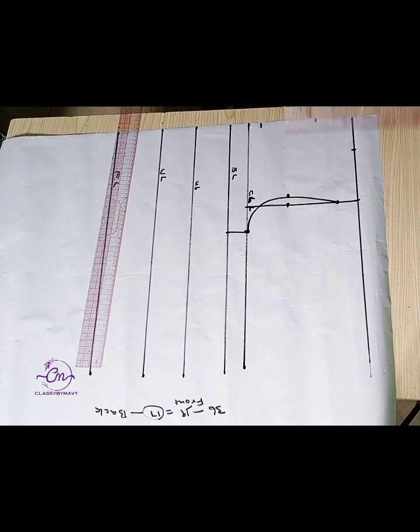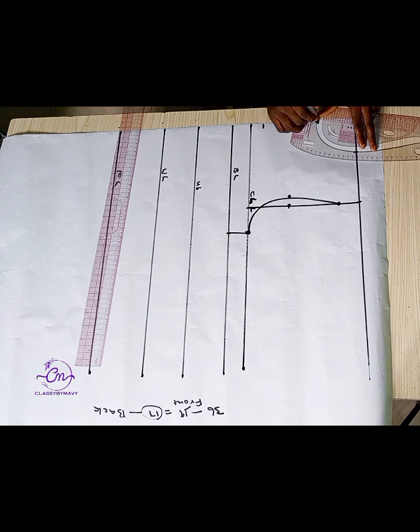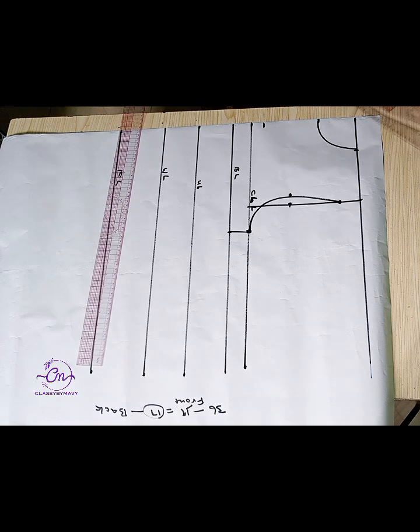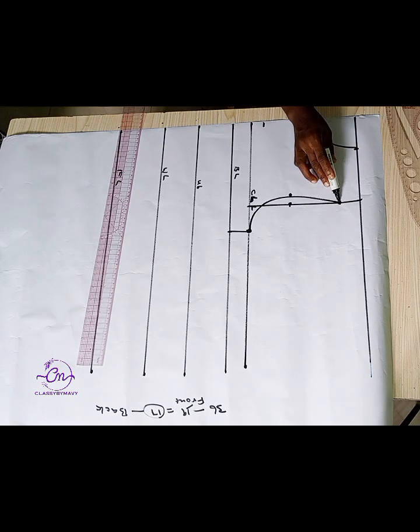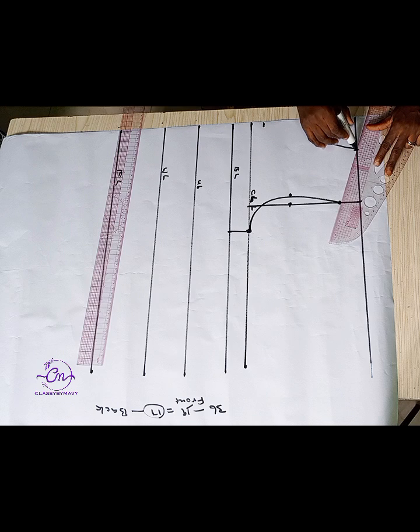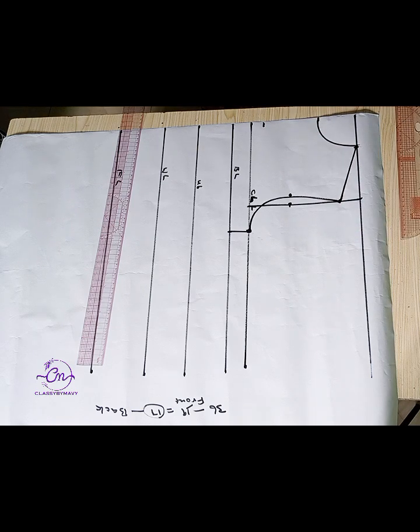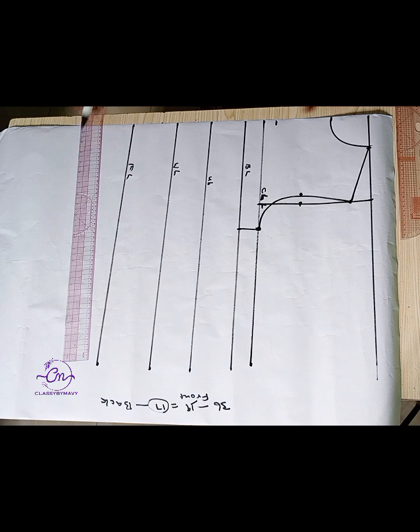So after marking the 3x3 neckline, I'll simply link like this, and then we have already sloped the shoulder, so this sloped point is where I'll link to the neck point. Okay, can you see we have formed our armhole, which is very, very beautiful.